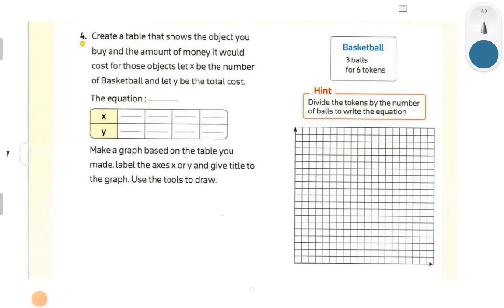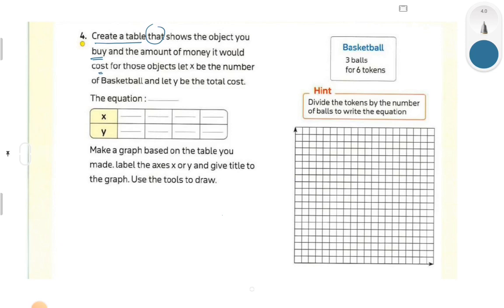Now we have the last question in our assessment. Read carefully with me. Create a table. I have a table with some missing data, and I need to complete it. That shows the object you buy, something you will buy, and the amount of money it would cost you.